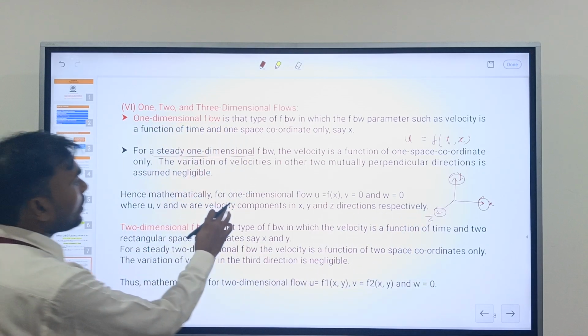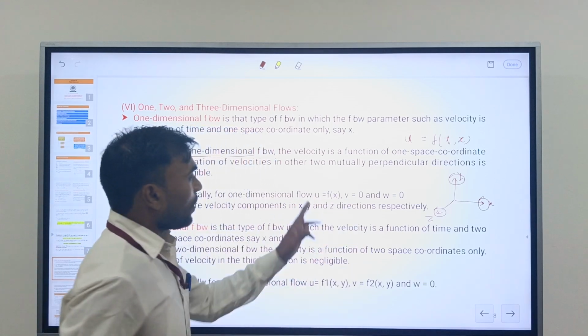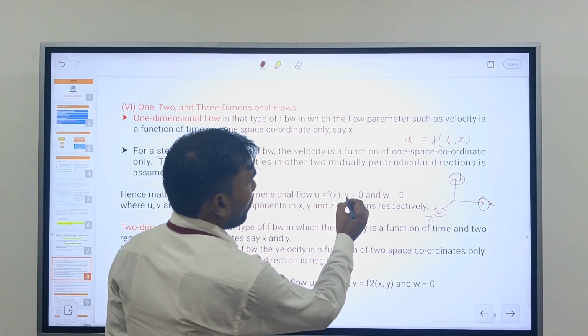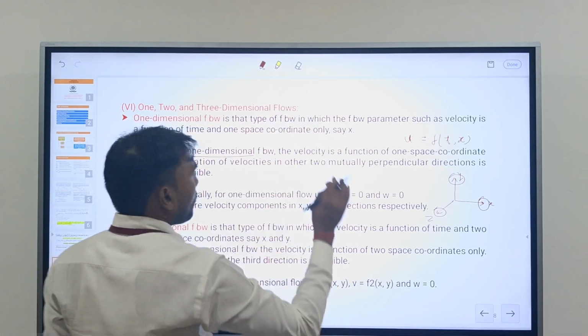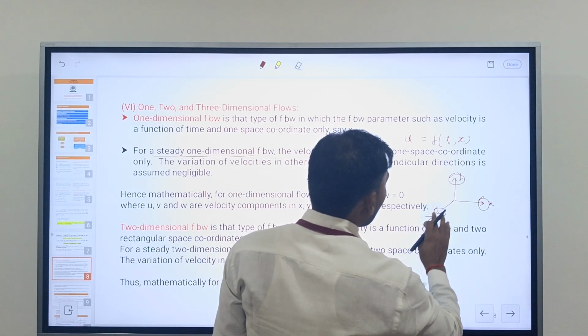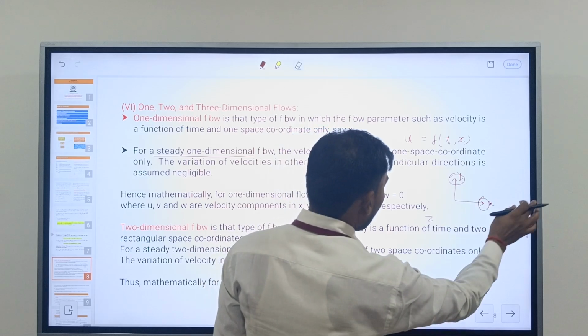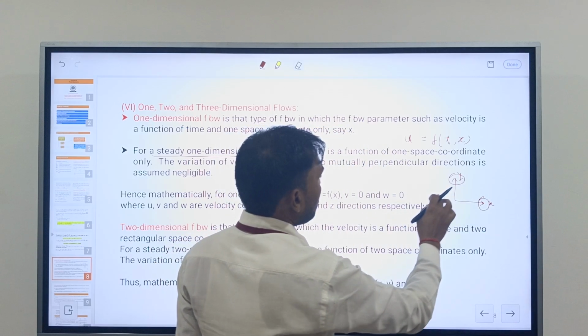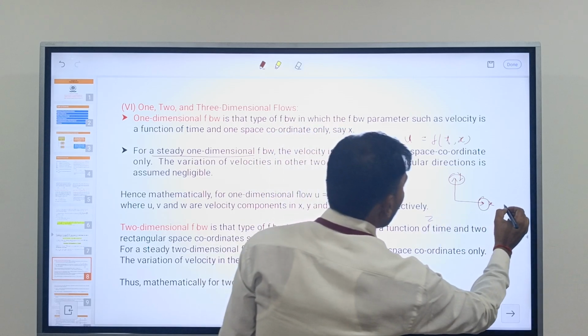Hence, mathematically, for one dimension, u is a function of x, where v equal to 0 and w equal to 0. So what is the meaning of u, v and w? u is the velocity of fluid flow in x direction, v is the velocity of fluid flow in y direction, and w is the velocity of fluid flow in z direction.